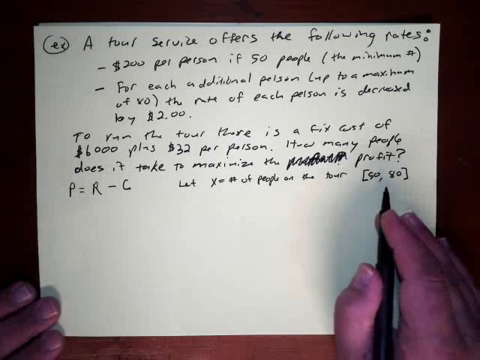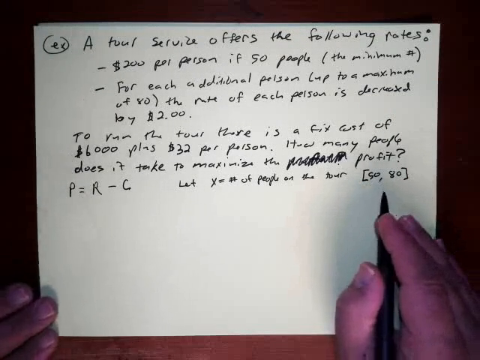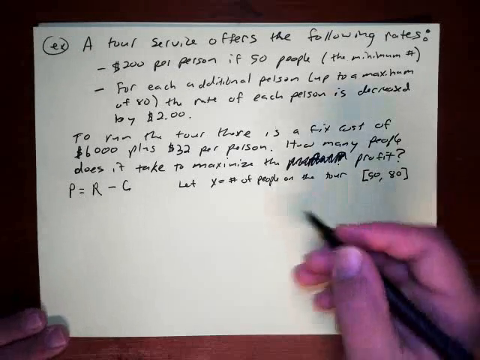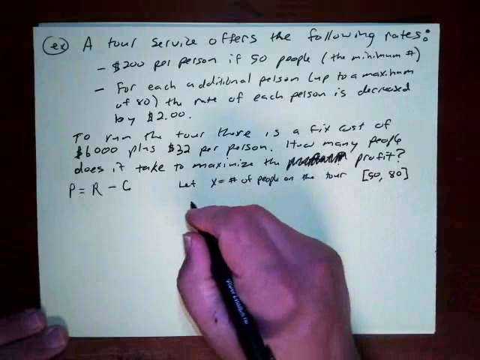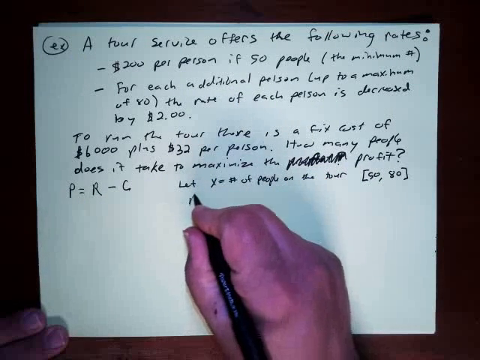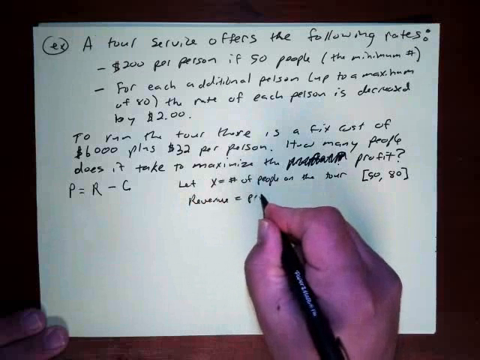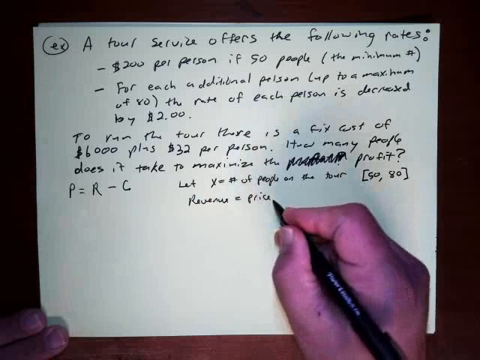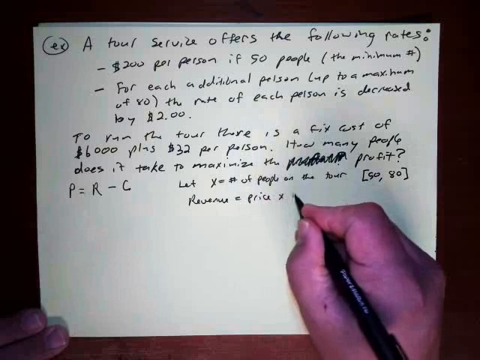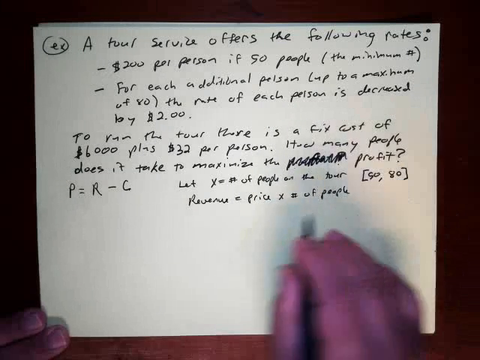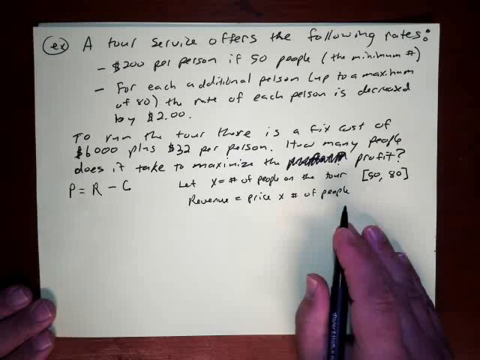This is the interval that we're going to be maximizing this over. And the revenue here is just the price per person times the number of people. That's what revenue is.